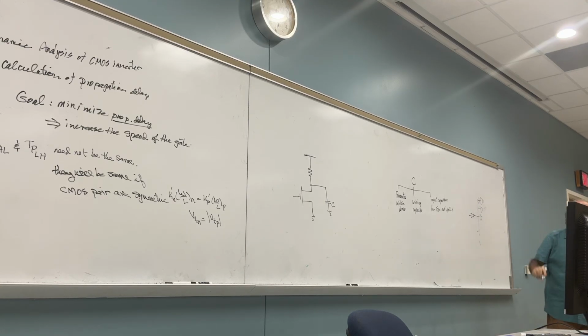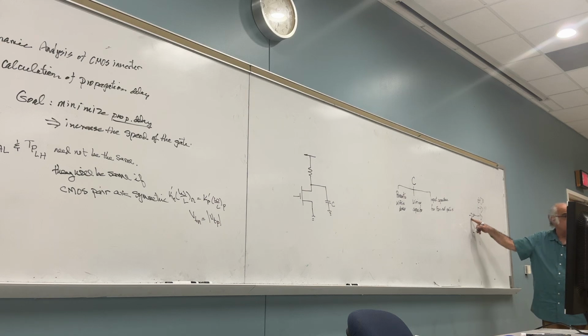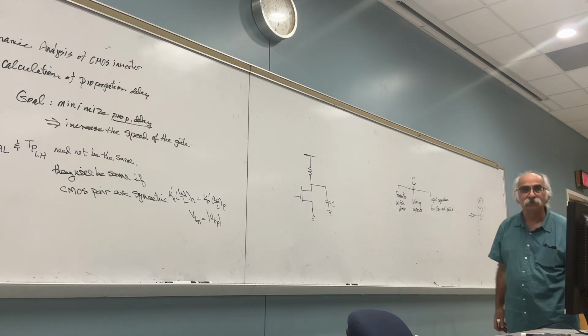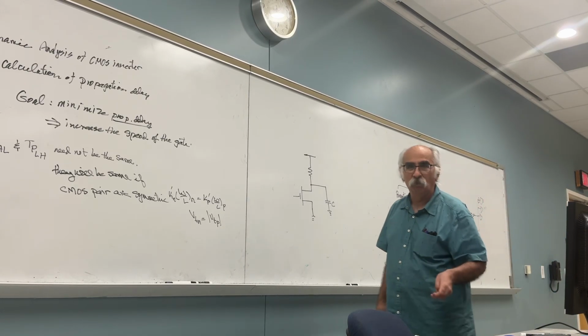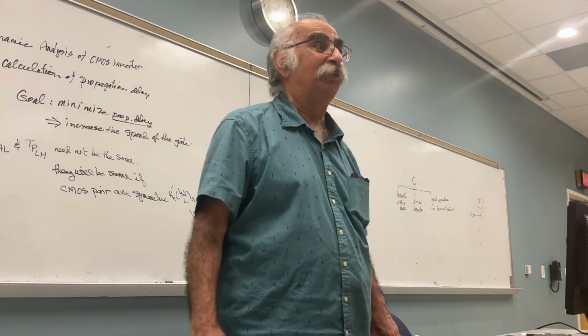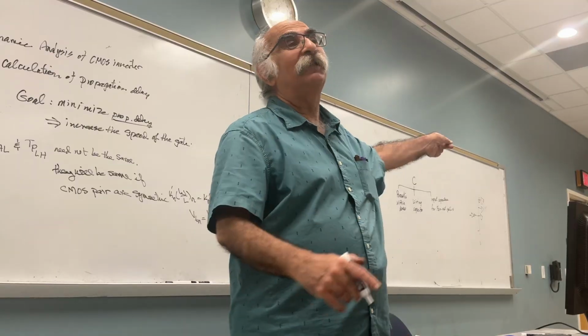This puts a limit on the fan out, because the more logical gates are driven by this inverter, the capacitor will increase. Why? Because capacitors in parallel become higher. That puts a limit on how many gates you can drive. This is the fan out.